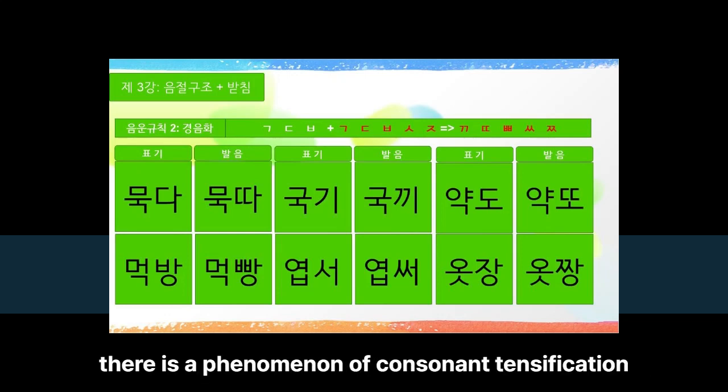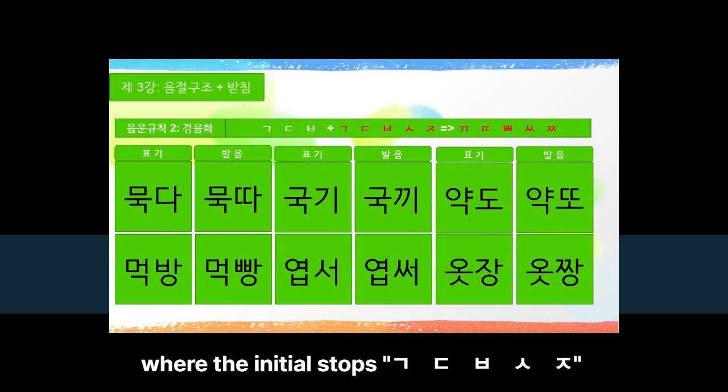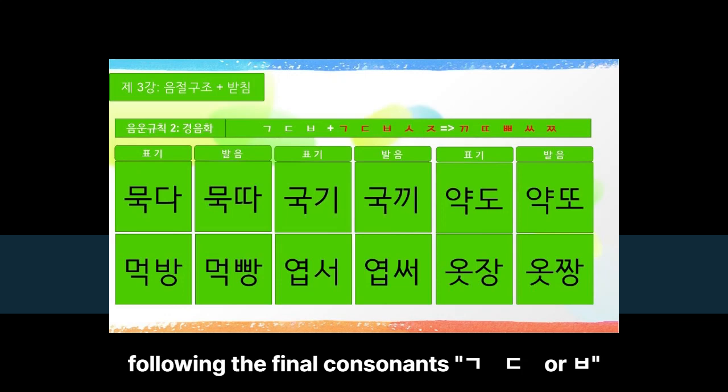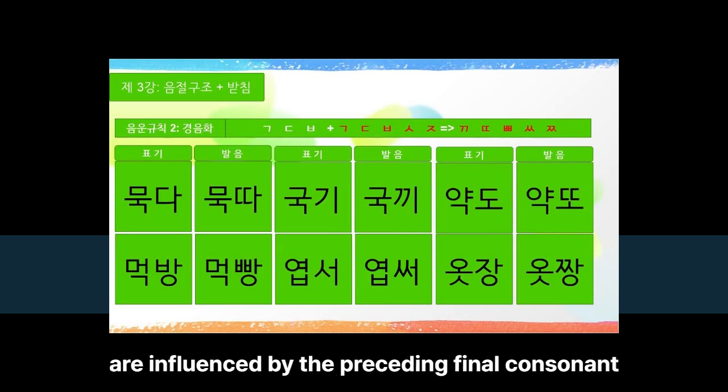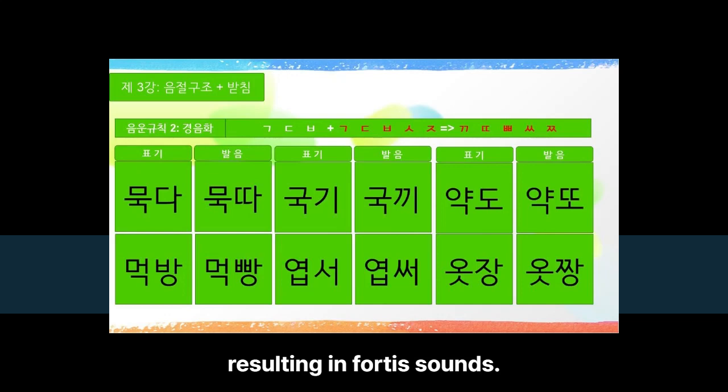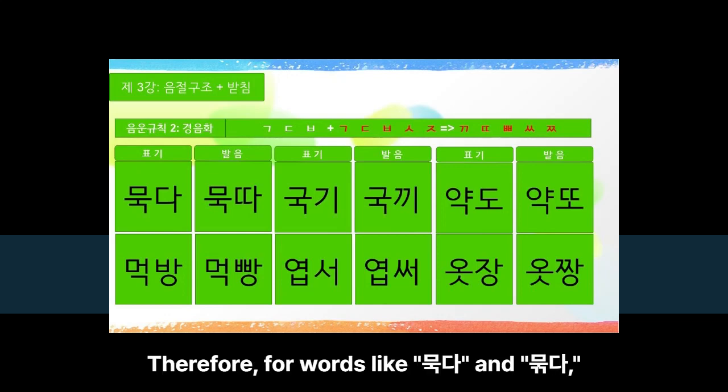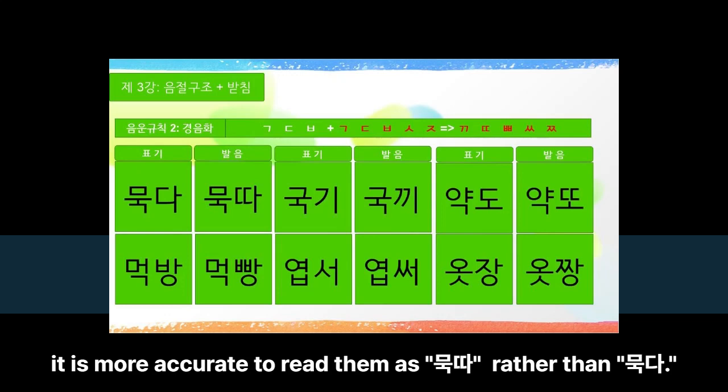In Korean, there is a phenomenon of consonant tensification where the initial stops, giok, digut, biup, shiut, jiut, following the final consonants, giok, digut, or biup, are influenced by the preceding final consonant, resulting in fortis sounds. Therefore, for words like mukta and mukta, it is more accurate to read them as mukta rather than mukda.